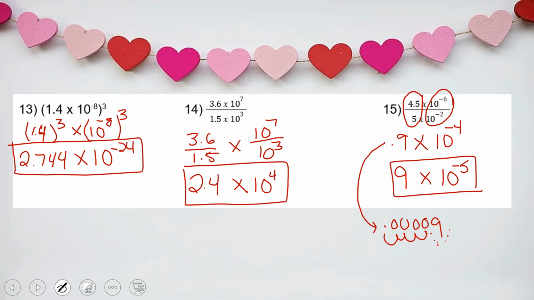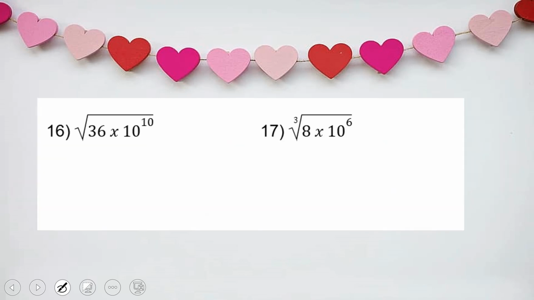Okay, we have 2 more of these operations to look at, and it's bringing back in radicals. Again, you're just going to take the radical of each piece. So I've got the square root of 36 times the square root of 10 to the 10th. Well, the square root of 36 is 6. And we've talked about it previously, but it's been quite a while.